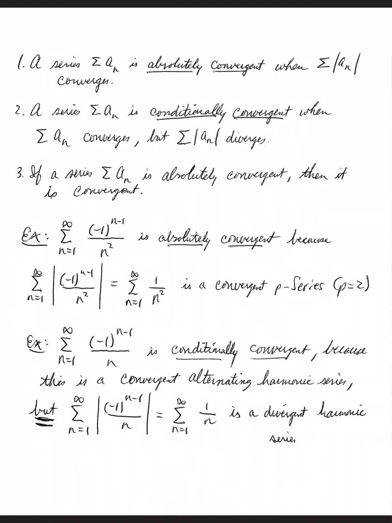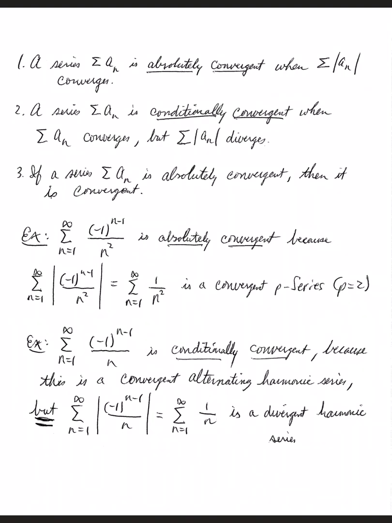Second example, we're going to revisit the alternating harmonic series. The sum from 1 to infinity of negative 1 to the n minus 1 over n. That's conditionally convergent. This series as is, without the absolute value, is convergent because we just saw that on the previous page. It's convergent by the alternating series test. But if we take the absolute value, that gets rid of the alternating signs and turns it into a harmonic series.